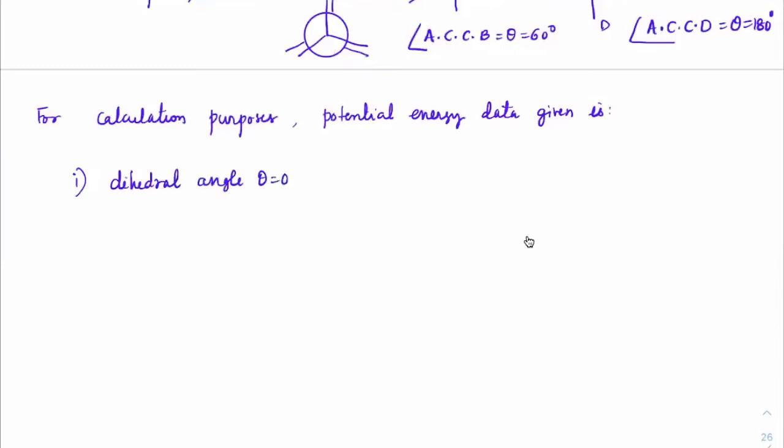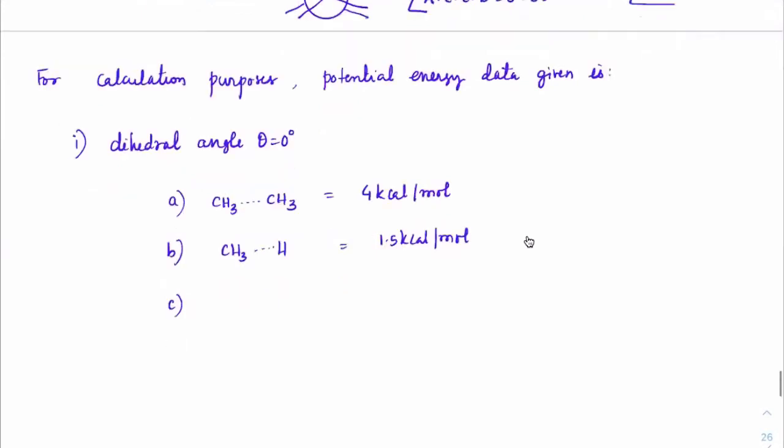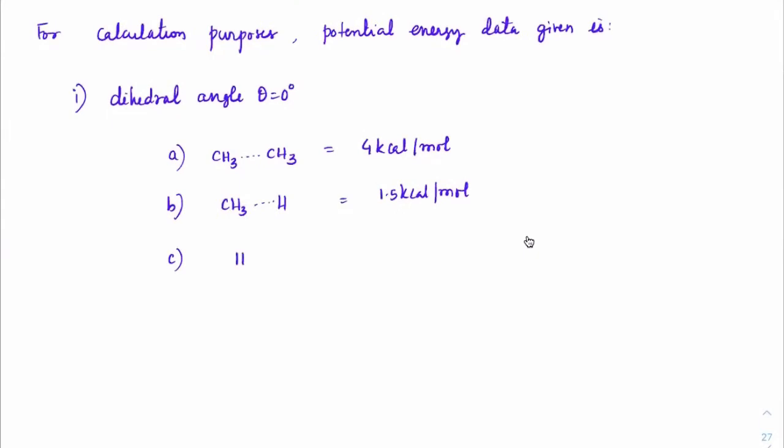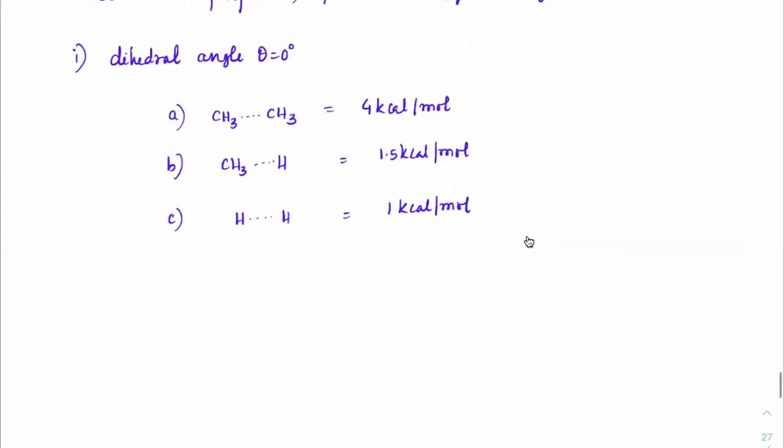If theta is 0 degrees, then the repulsive force between CH3 and CH3 is 4 kilocalories per mole. Between CH3 and hydrogen, it is 1.5 kilocalories per mole. In the exam also you will get this data. With hydrogen and hydrogen, it will be 1 kilocalorie per mole, if the angle between them is 0 degrees.